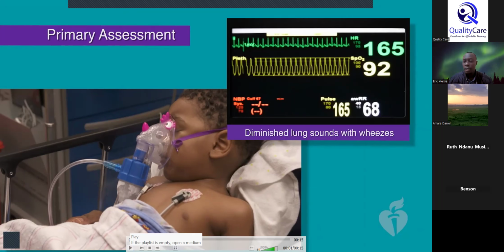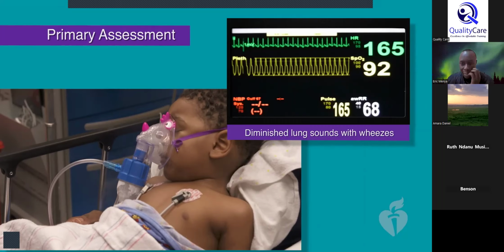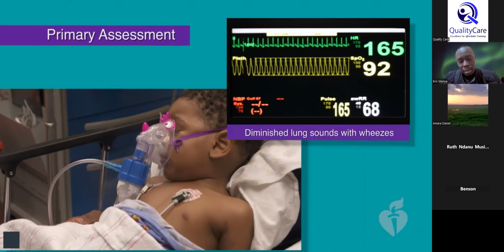When you auscultate, you hear diminished lung sounds and wheezes. Is there a threat to the airway? For sure. Which location of the airway? Upper, lower? The lower airway.